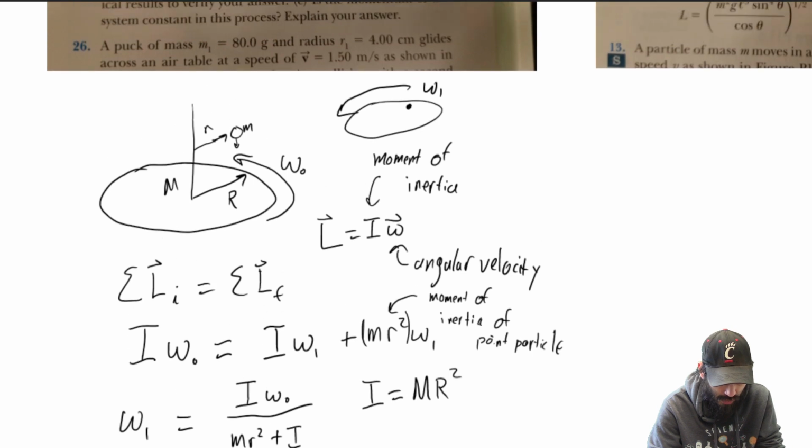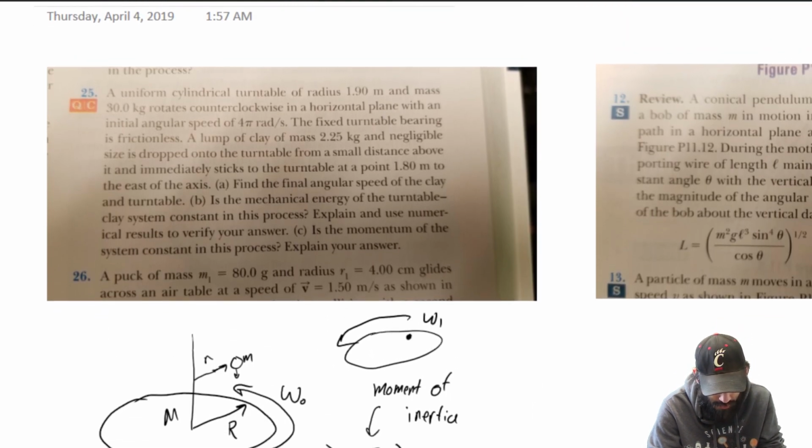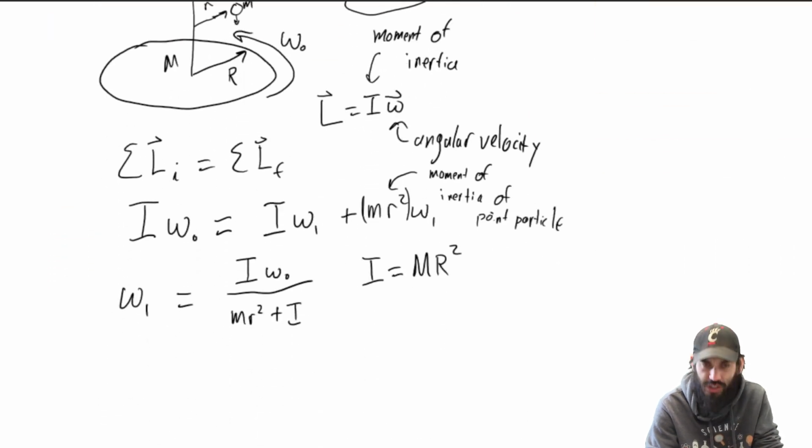Okay. Now, the next thing that we're asked here is whether the mechanical energy of the turntable is constant in this process. And it shouldn't be, right? Because the energy is not going to be conserved in this case. There needs to be some non-conservative force to get this to stick here.